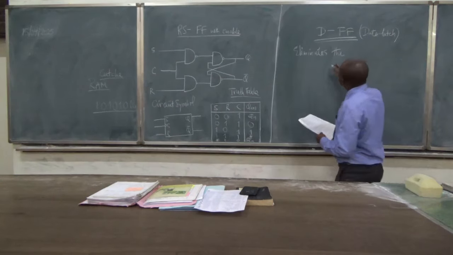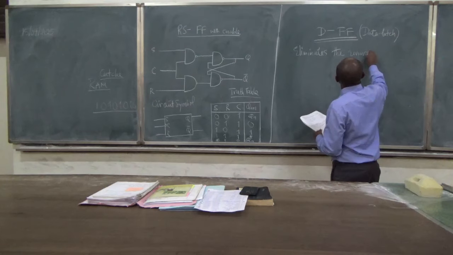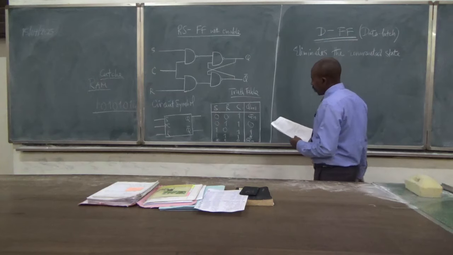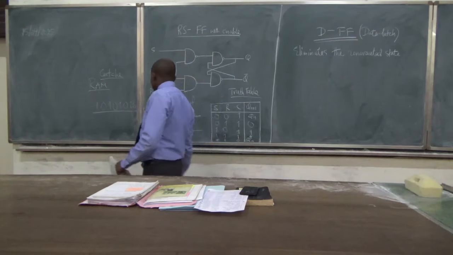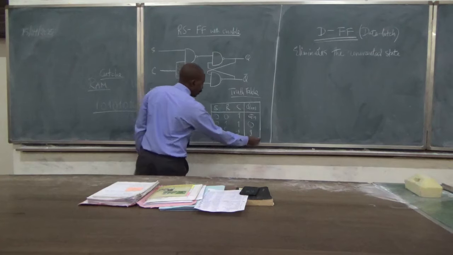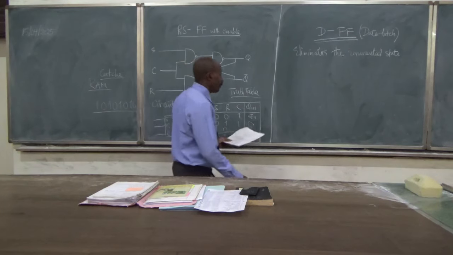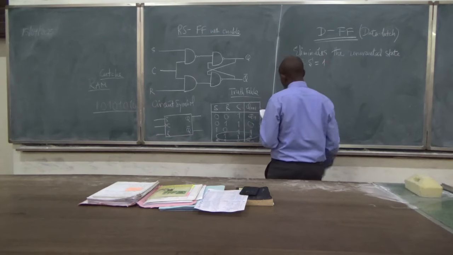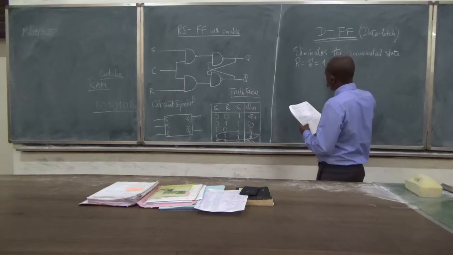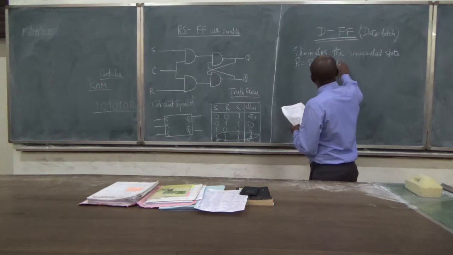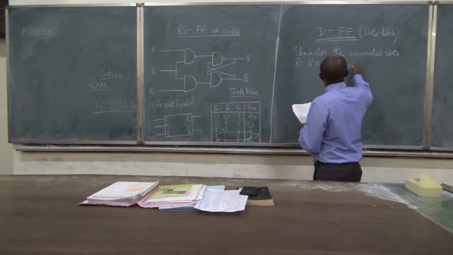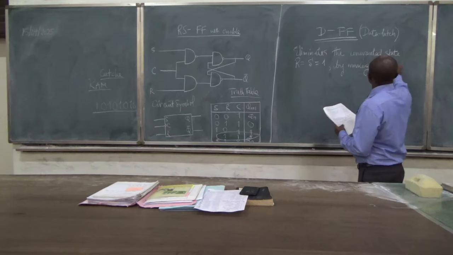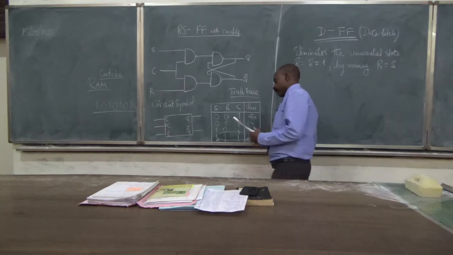So we say it eliminates the unwanted state. And what was the unwanted state? This one here, R equal to S equal to 1, by making R equal to not S.